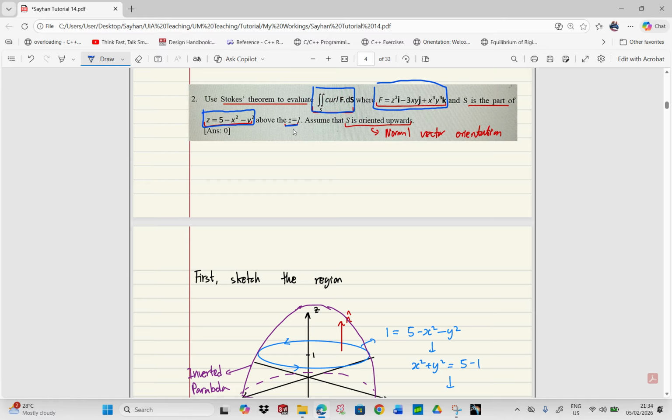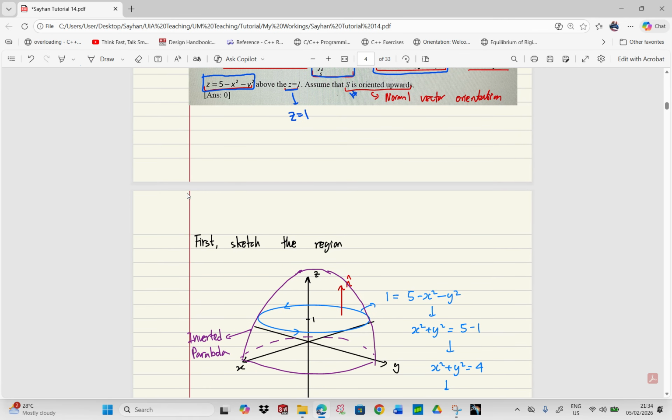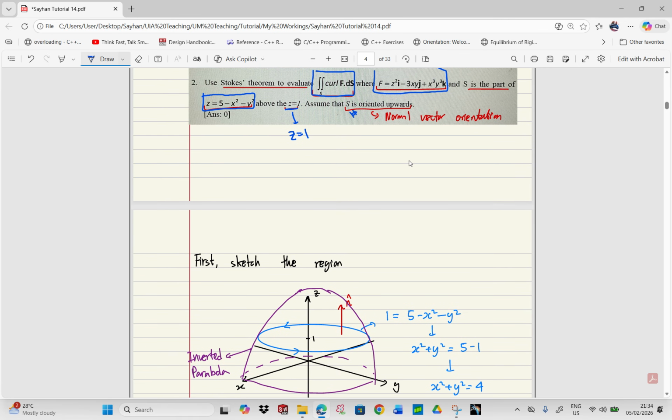So starting from the z equals 1 plane, assume that S is oriented upwards. When they say it's oriented upwards, they're referring to the orientation of the normal vector N, which I've just sketched.